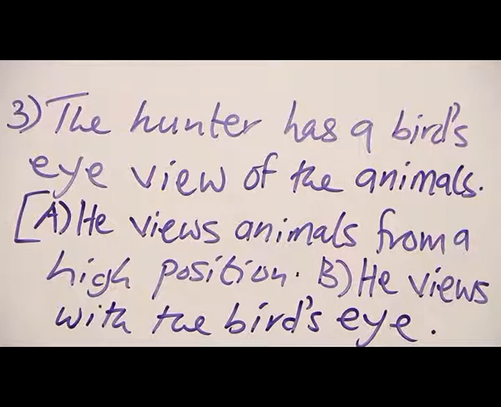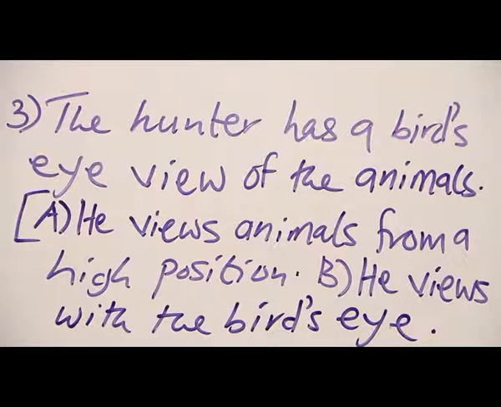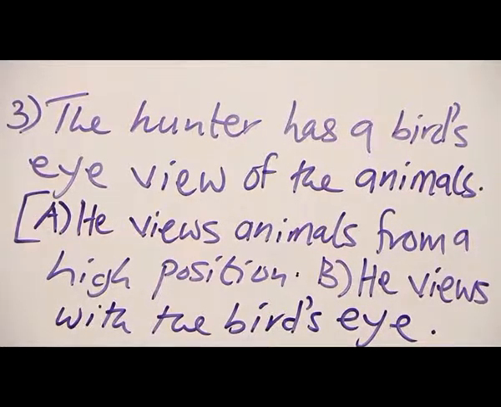It means a general view from a high position looking down. That's the meaning of that idiom, and this is drawn from the Oxford Advanced Learner's Dictionary. Having that meaning in our mind, we can begin to pick our answer.